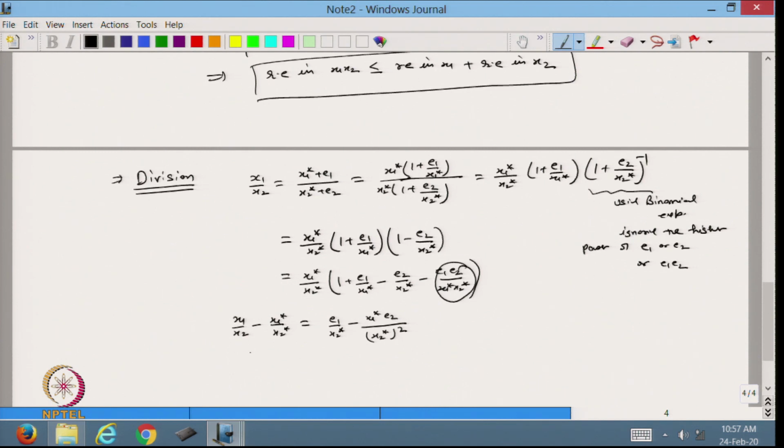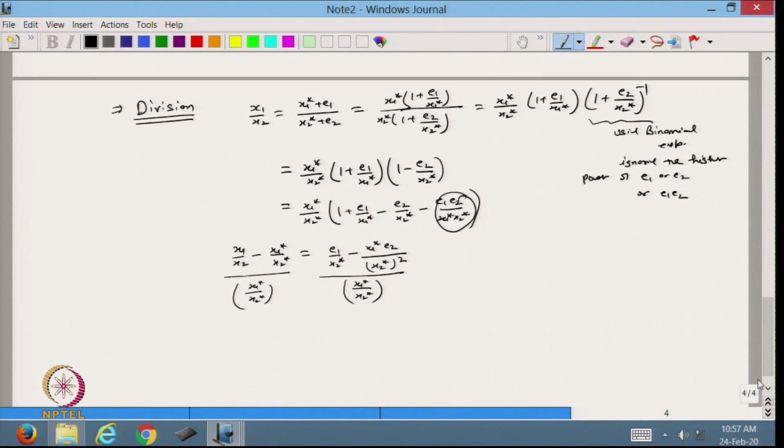So, in this case I want to find the relative error. So, I will divide this number by x1 star over x2 star, and then I will take the absolute value.